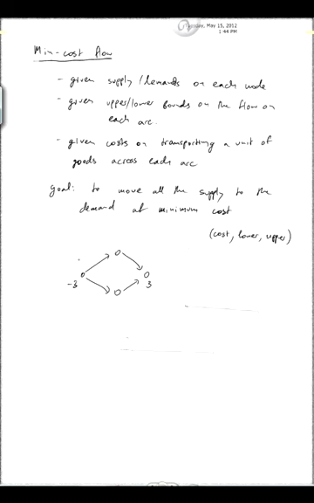So for this edge, we have a cost of 7, a lower bound of 0, and an upper bound of 13. For this edge, we have a cost of 1, a lower bound of 0, upper bound of 1. For this edge, cost of 12, lower bound 0, upper bound 3. And the last one is cost of 5, lower bound 1, upper bound 7.